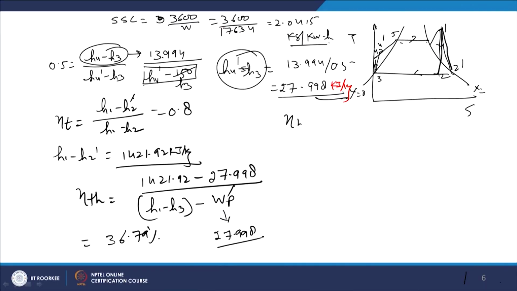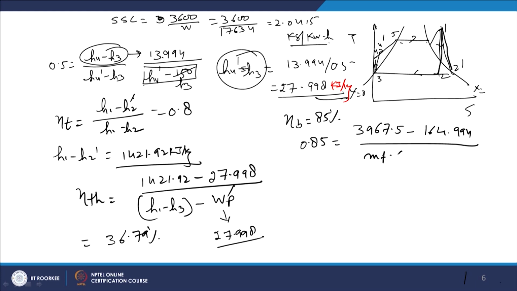Now the efficiency of the boiler has to be considered. The efficiency of the boiler in the last part is 85%. So 0.85 is equal to H1 minus H4 dash, that is 3967.5 minus 164.994, divided by the mass of the fuel times the calorific value of the fuel.